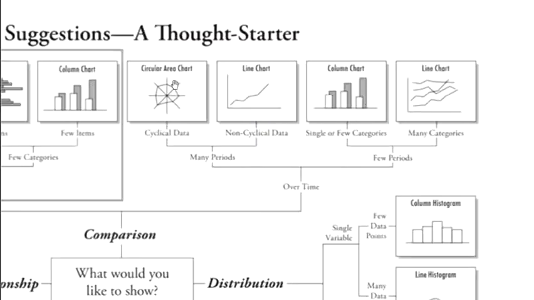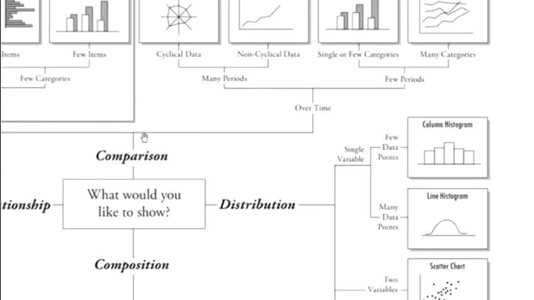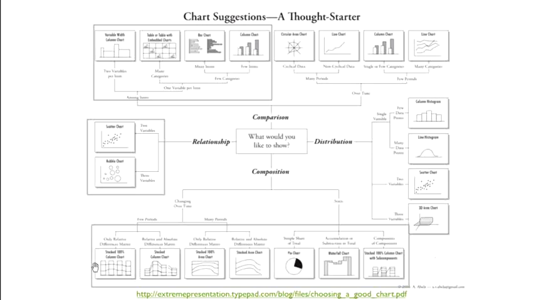Then we can have circular area charts or line charts. The line charts are for non-cyclic data. Any sort of linear relationship can be represented with them. And if you've got multiple categories, you can use multiple line charts. So there is a whole bunch of these chart types that you can use based on whatever your need is. So different needs lead to different types of charts that we create.